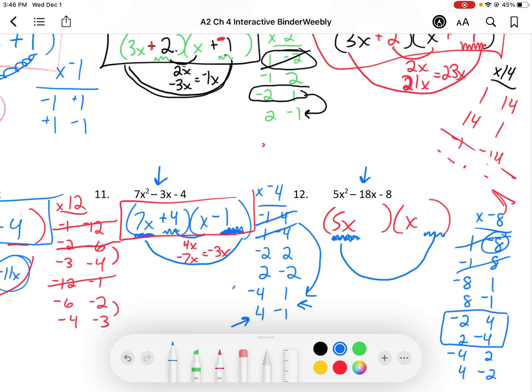What if I try something here? What if I put the -4 there? That gives me -20, which is close to -18x. And if I put -4 there, it needs to be a +2 here. Like I'm using this pair right there. So I get a +2x and a -20x, and that makes -18x.